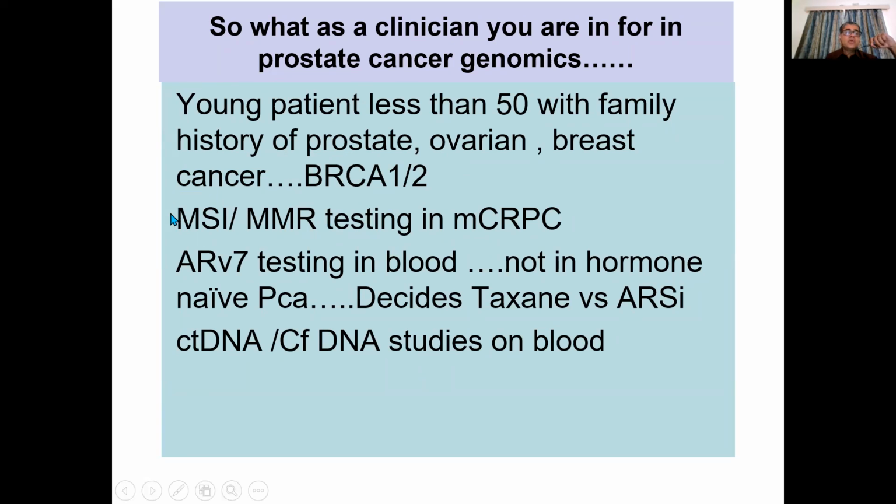You should also order MSI and MMR testing in metastatic CRPCs, because these patients would then be amenable to PDL1 inhibitor therapy, which is also upcoming in the field of prostate cancer. If you have to decide between taxane and enzalutamide or abiraterone therapy, it's a good idea to get the patient tested for the ARV7 variant, because a patient harboring it would not have an effective outcome with ARSIs. CTC and ctDNA studies on blood would help you in tailoring the management.